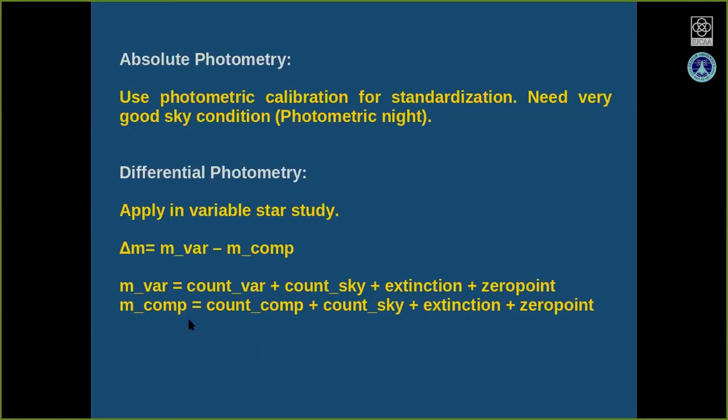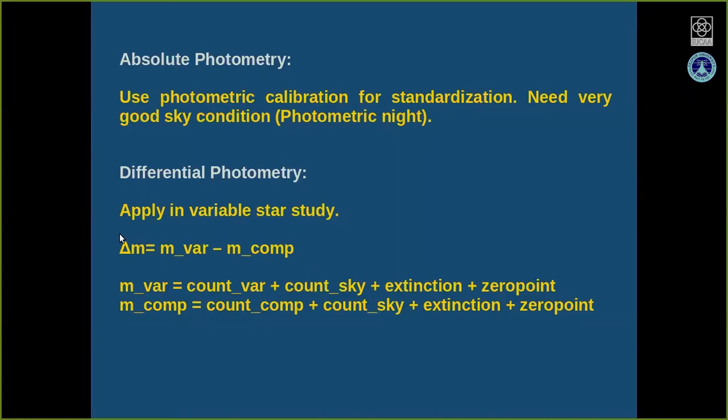In the same way, for the comparison star it is count of comparison star, count of sky, extinction plus zero point. All these errors are introduced in both stars. So if you take the difference between your variable star and comparison star, then what will happen? The sky count, extinction and zero point will all be cancelled out because I am taking the difference, right?